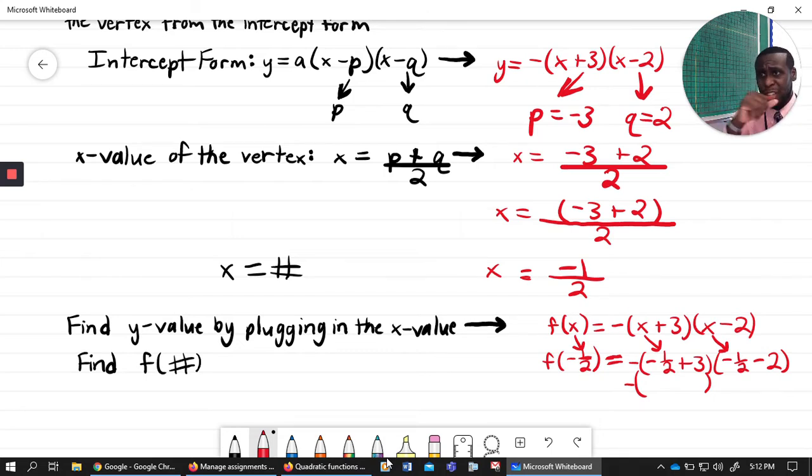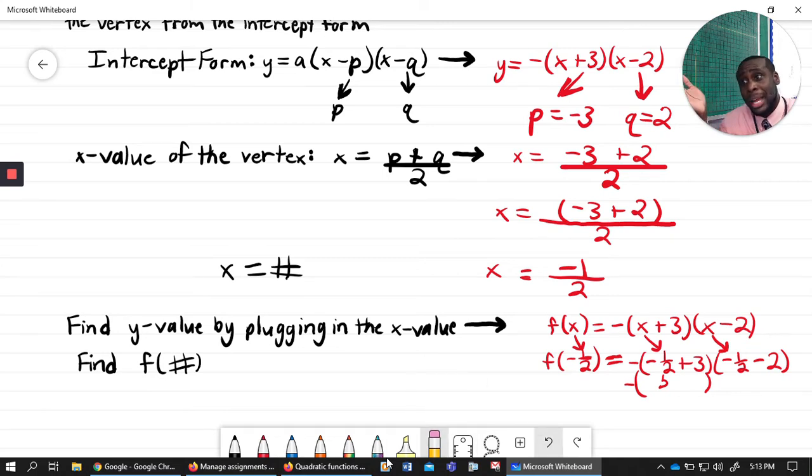So, guys, whether you want to write that -1/2 as a fraction or decimal, that's up to you. You can write it as -0.5. When you add this together, you wind up getting 2.5, which is the same thing as 5/2.